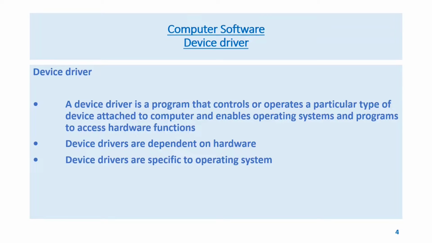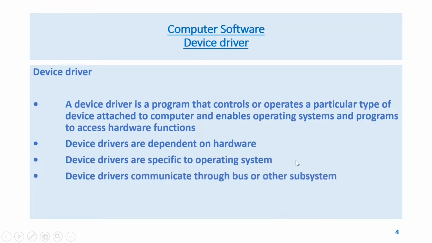Device drivers are specific to operating system. So Microsoft Windows will have some device drivers, and if it is Unix, there will be different device drivers, etc. So it is specific to a particular operating system. Device drivers communicate through a bus or other subsystem.